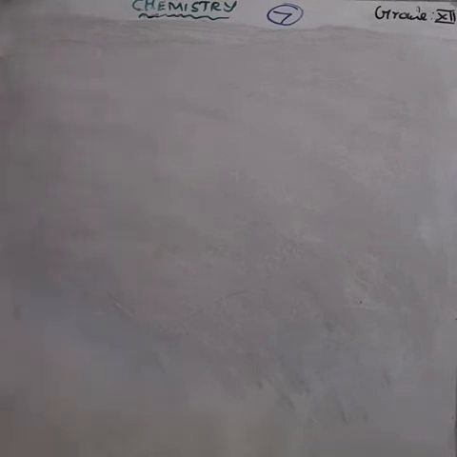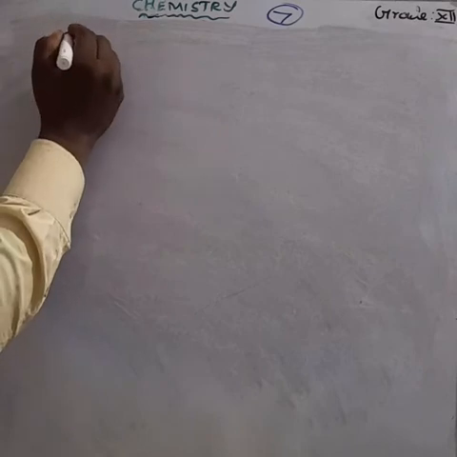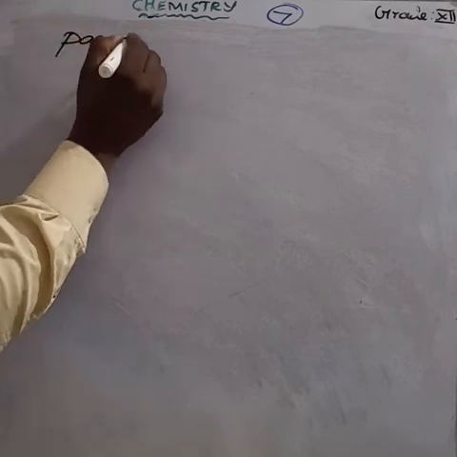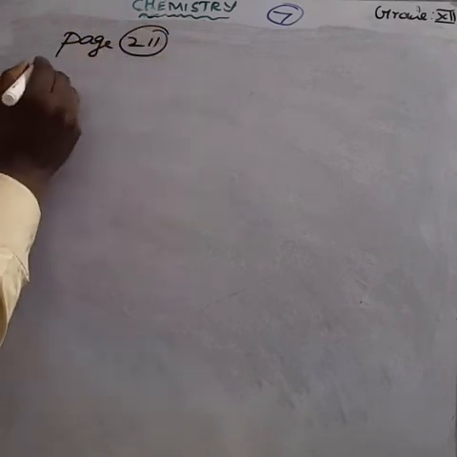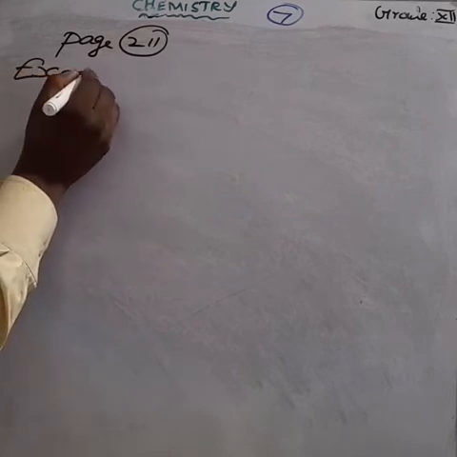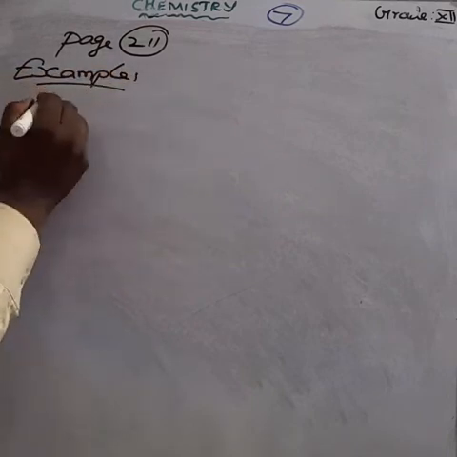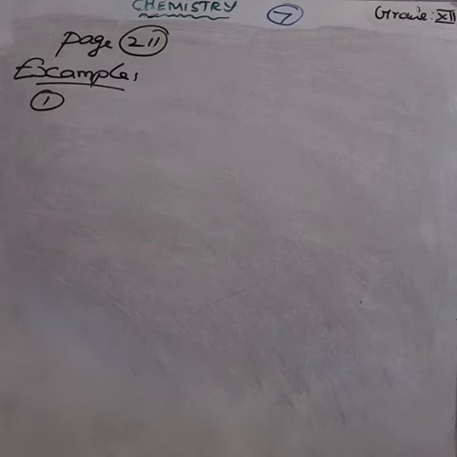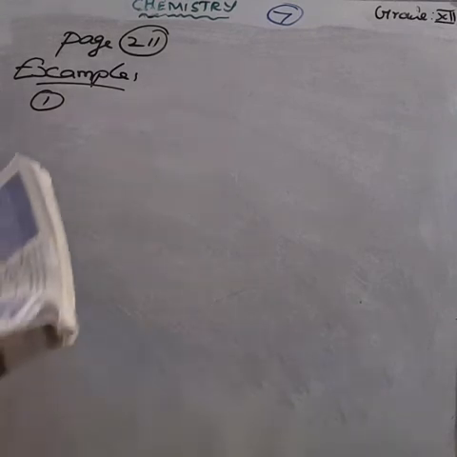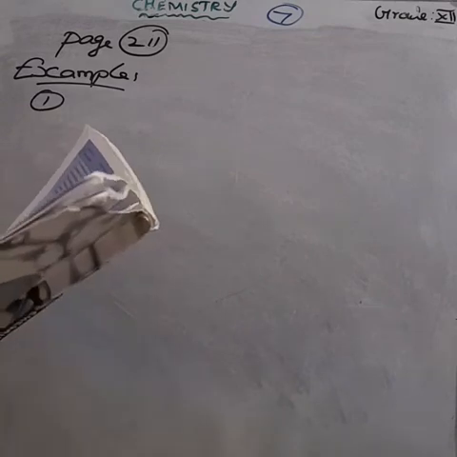Okay. Next, we discuss page number 211, examples. There are 2 or 3 examples; let us recall them. First one: consider the oxidation of nitric oxide to form NO2.